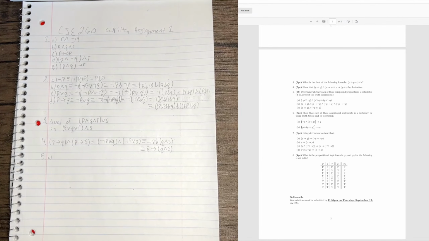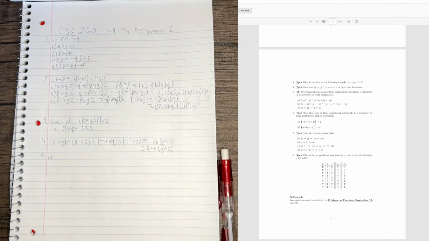Because I have to present the truth assignment, I'm assuming I just have to say which one is true and which one would be false to make this statement true. So I don't think I need to go through all of it. I'd imagine I can just brute force this and see if there are any combinations.